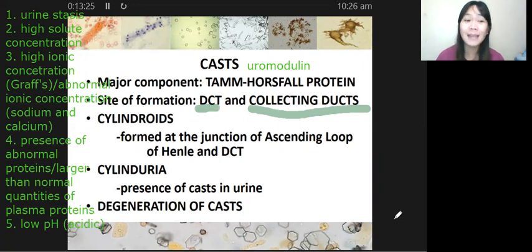Saan ba nagkakaroon ng maraming electrolytes sa filtrates? Doon sa ating DCT hanggang sa ating collecting ducts. Since these sites contain urine or filtrate that have reached its maximum concentration and acidification, doon mafo-form yung casts.